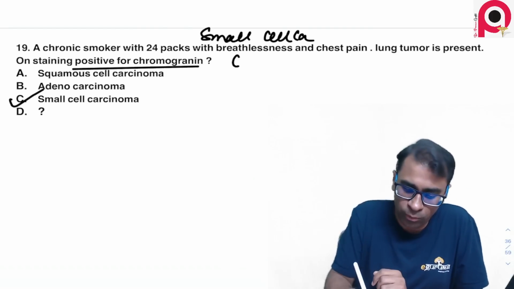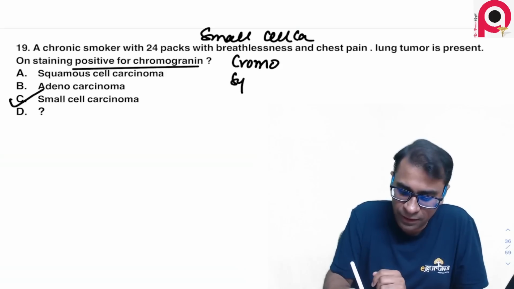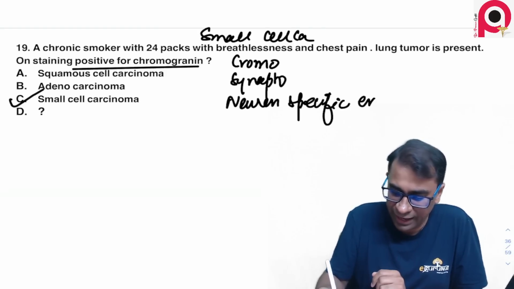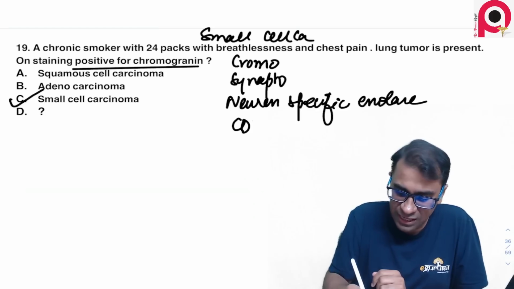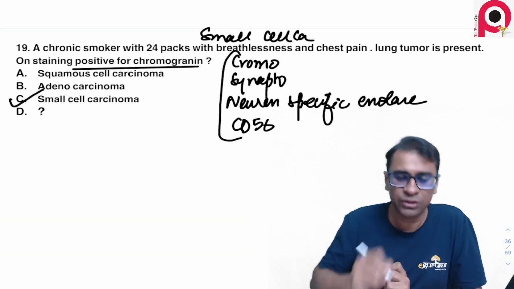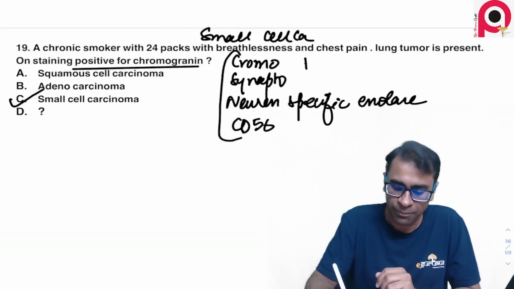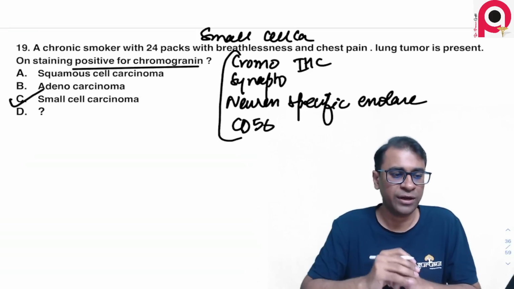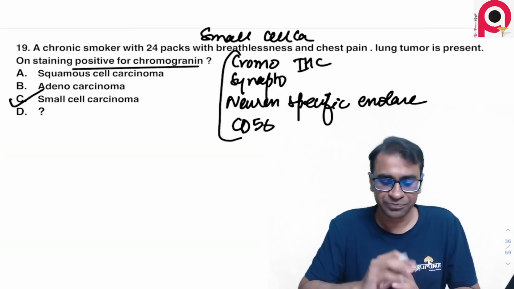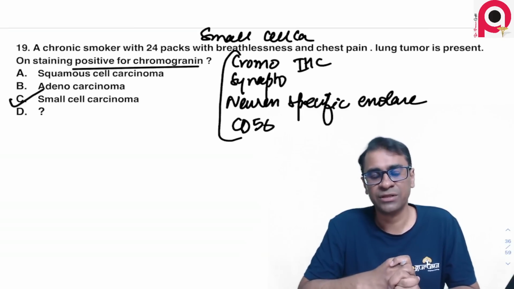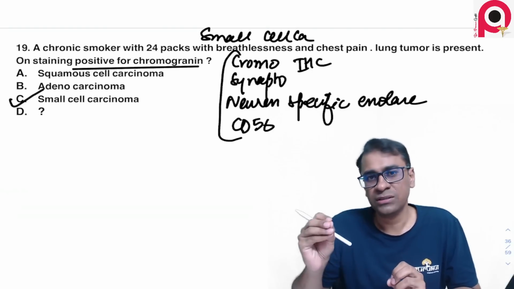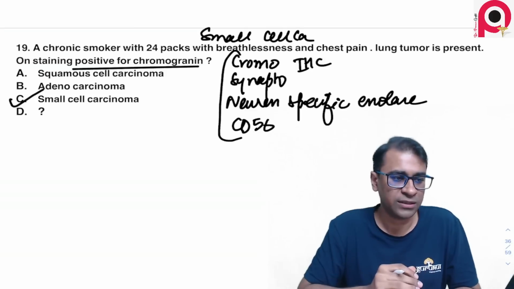Remember, chromogranin, synaptophysin, neuron specific enolase, and CD56 are the main IHC markers positive in any neuroendocrine tumor. Therefore the answer becomes small cell carcinoma.